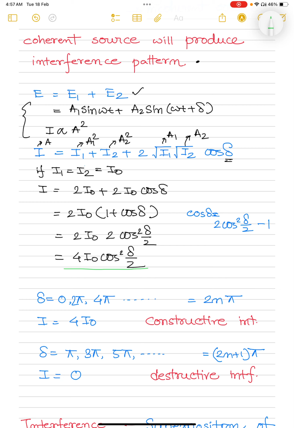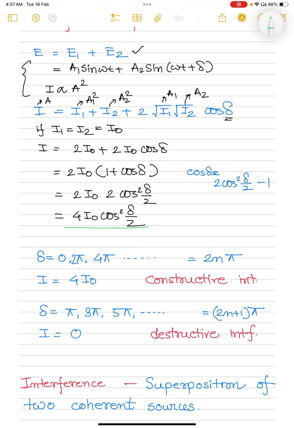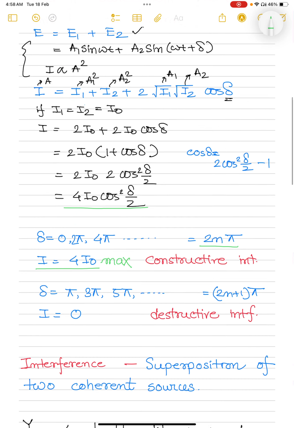Delta will be constant, but it can be anything. If it is 0, 2 pi, 4 pi, etc., or basically 2n pi, then we are going to get the maximum intensity, which is 4 I naught.